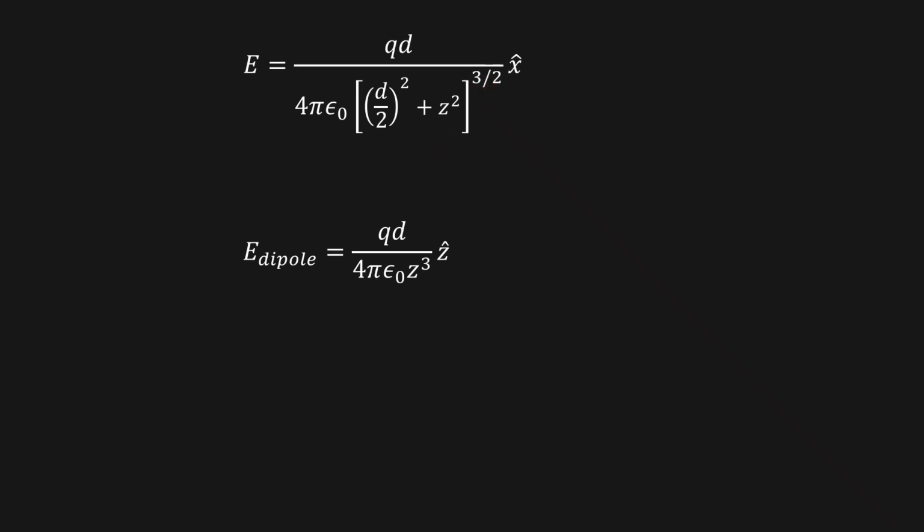Now let us say z is very much greater than d by 2. So you are considering a long distance, then naturally this will get neglected. So you will get z squared power 3 by 2, which is exactly the same as the electric field of the dipole.